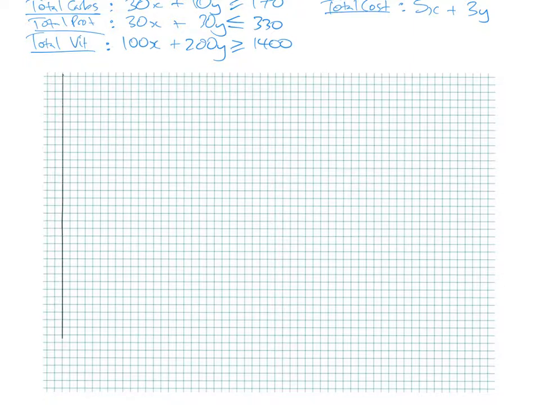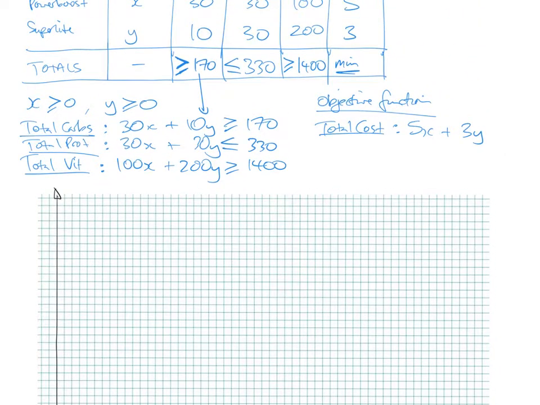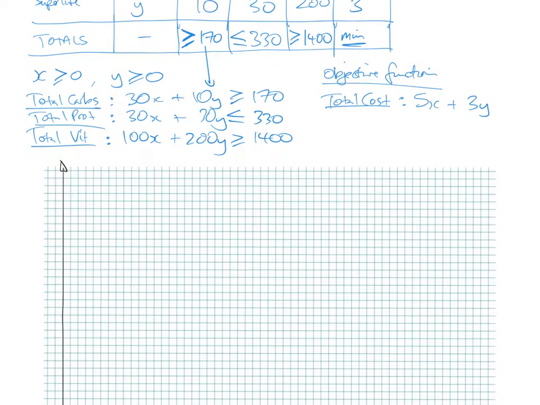So my y-axis there, x-axis here. Before we set up the scale, we need to know where our constraint lines are going to be crossing the X and the Y axis. So we need to do some setup there. Total carbs.